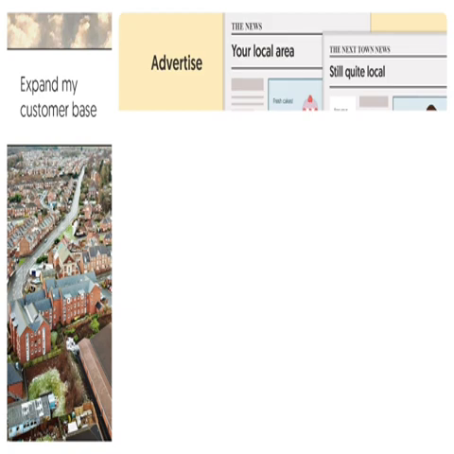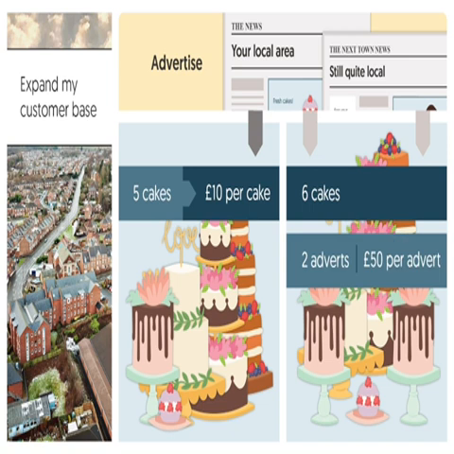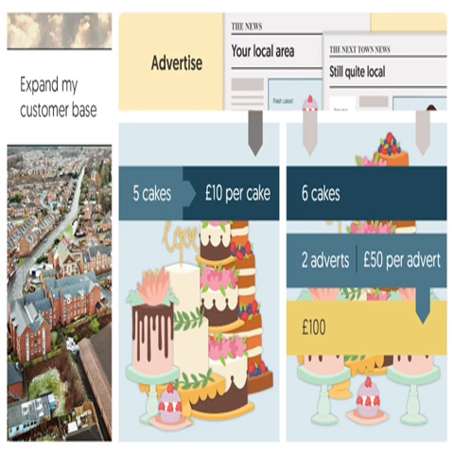I now need to advertise in 2 separate newspapers. Imagine I go from selling 5 cakes in one town to 6 cakes in 2 towns. With 5 cakes, my promotional cost was £10 per cake. When it's 6 cakes with 2 adverts, it's still £50 per advert, so £100 total. When this is averaged across 6 cakes, my marketing cost has gone from £10 per cake to £17.